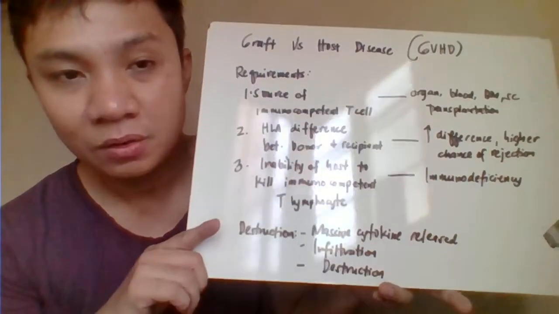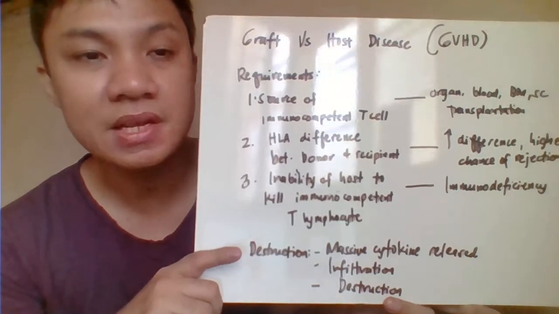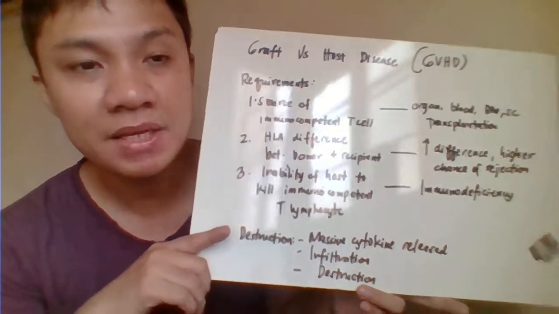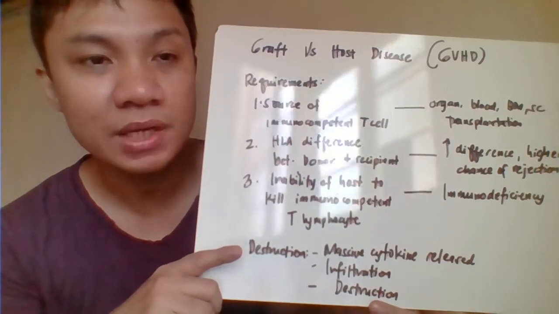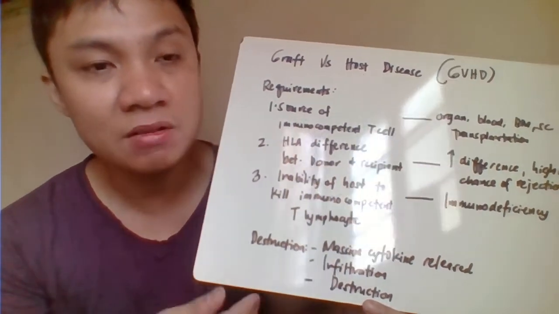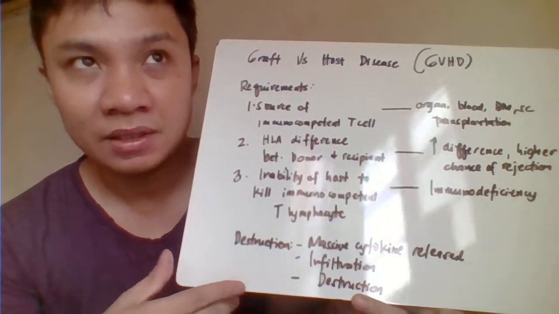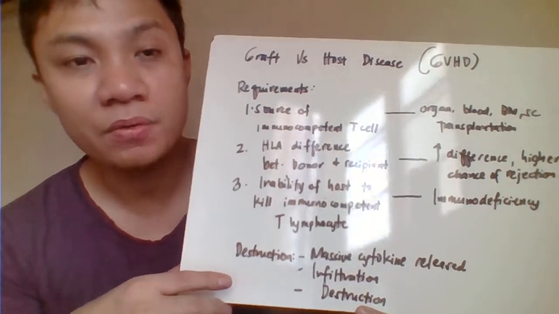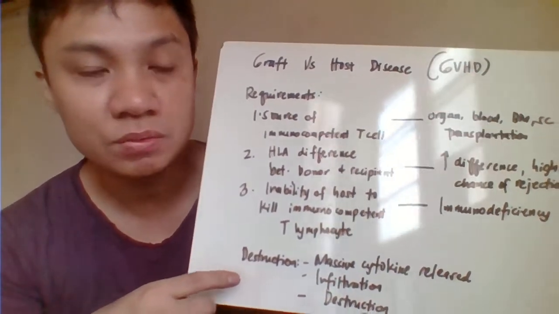Okay, so how does this graft versus host disease occur? So number one, there's a need for the patient to undergo transplantation, maybe because the patient is immunodeficient or maybe because the patient has some problem in the bone marrow, where the patient is required to be given a unit of blood, an organ, or tissues.